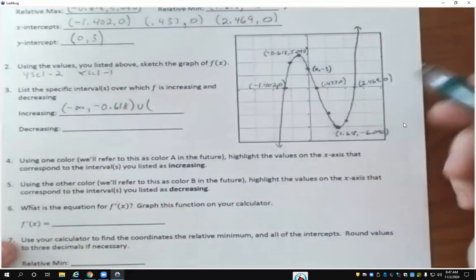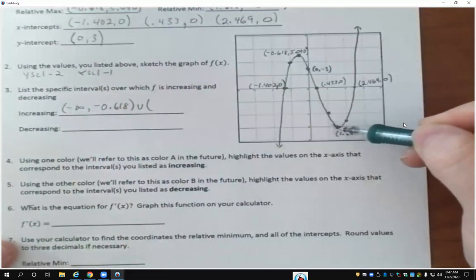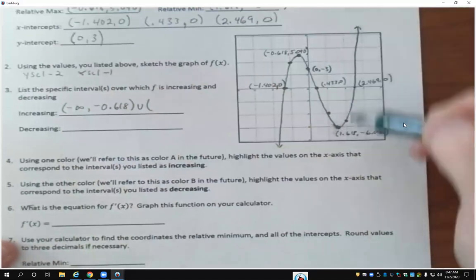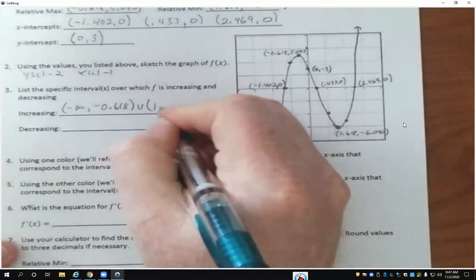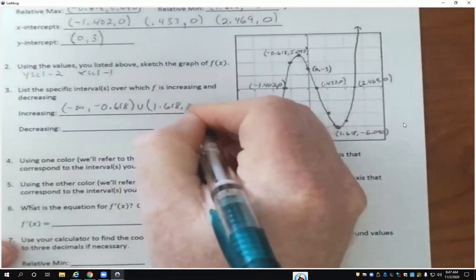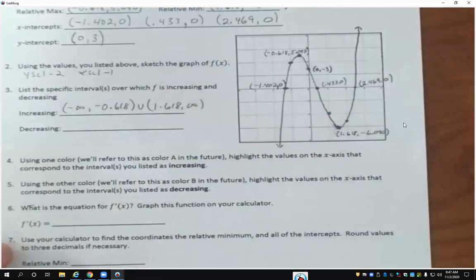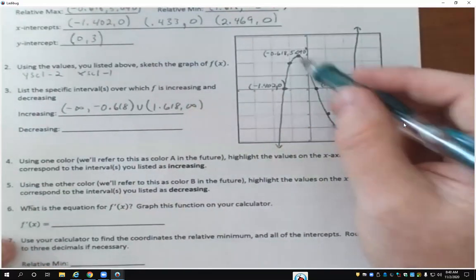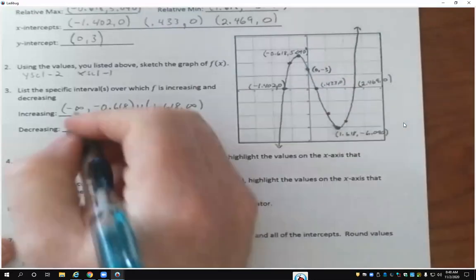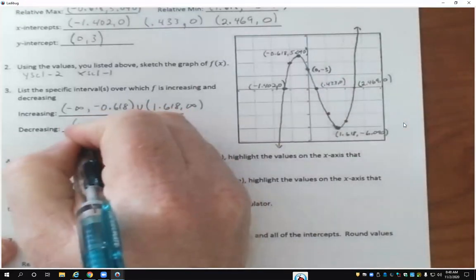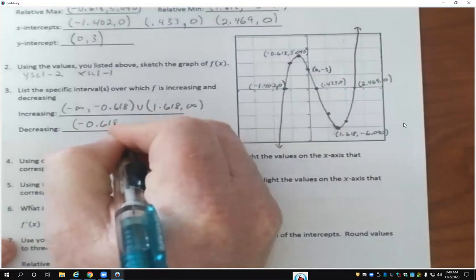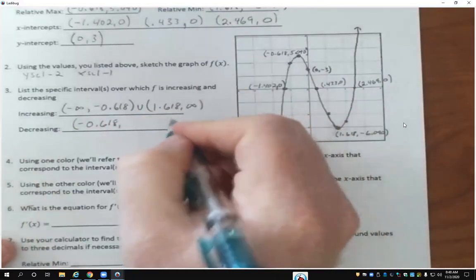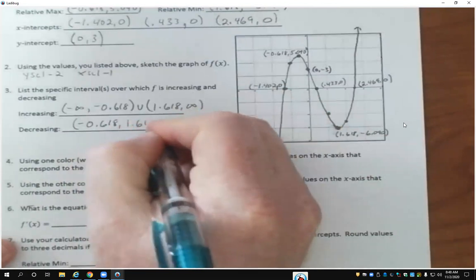And we're also increasing from this minimum all the way to infinity, so from 1.618 to infinity. We are decreasing in between there, from negative 0.618 to 1.618.